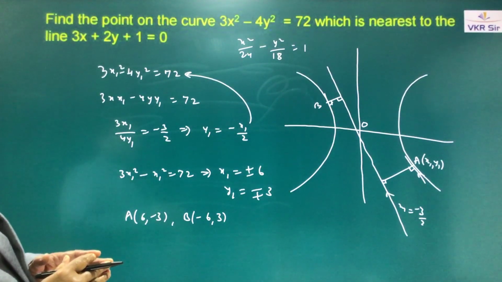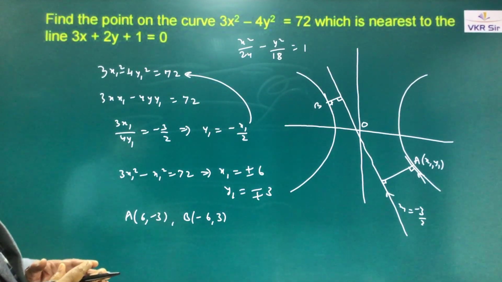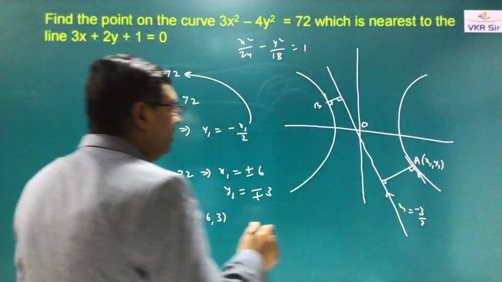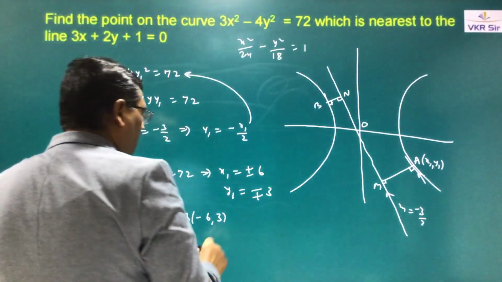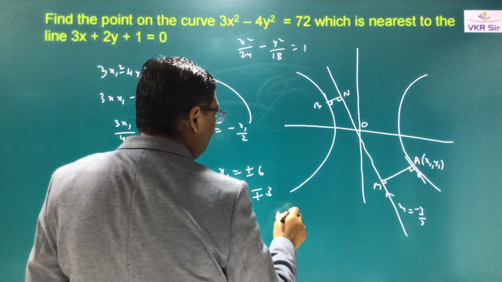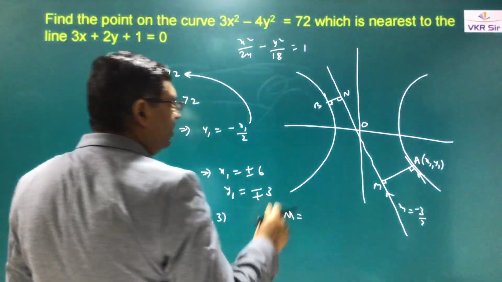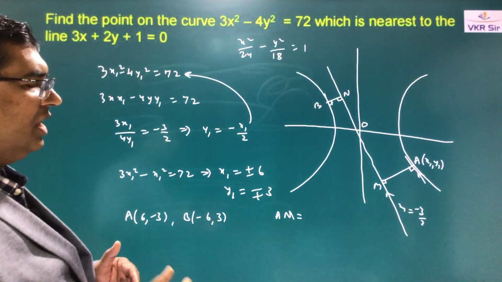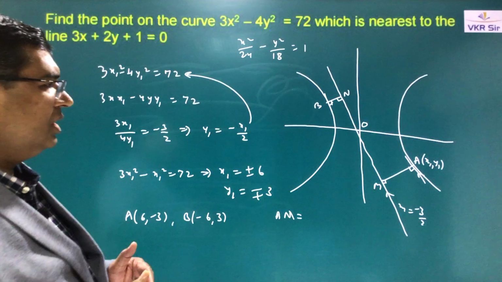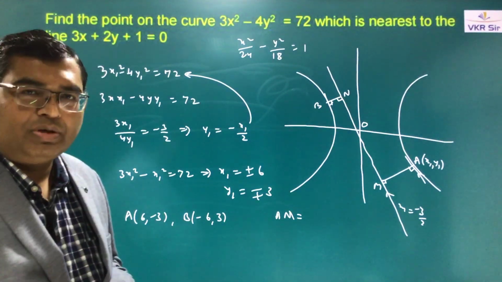Now we don't know which distance is shortest. Okay. So what we will do, we will compare these distances. We will try to find AM and we will try to find BN. So if you compare the distance, then we can understand which normal is creating the shortest distance. Because a normal creates the shortest distance in its area, there can be several opportunities. We have to choose the smallest out of all of them.